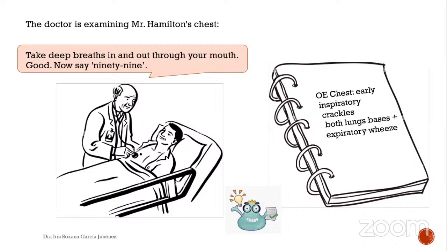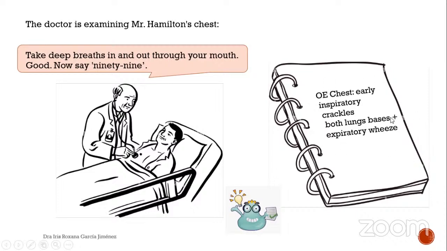And during this practice, at the end, of course, we make our notes. Again, we have an example of the notes. OE means on examination, on physical exam of chest in this case. It says early inspiratory crackles, both lung bases, plus expiratory wheeze, right?